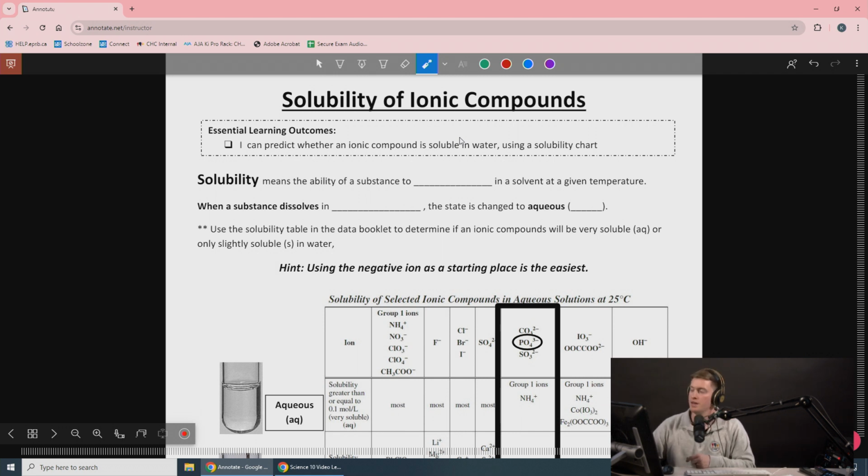All right, welcome back. In this lesson, we're going to be talking about the solubility of ionic compounds and how you can predict whether or not a compound will be soluble in water using a solubility chart. The word solubility means the ability of a substance to dissolve in a solvent at a given temperature.